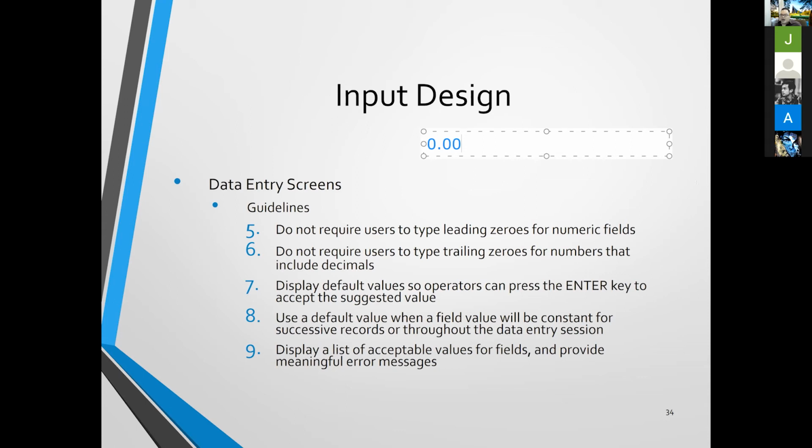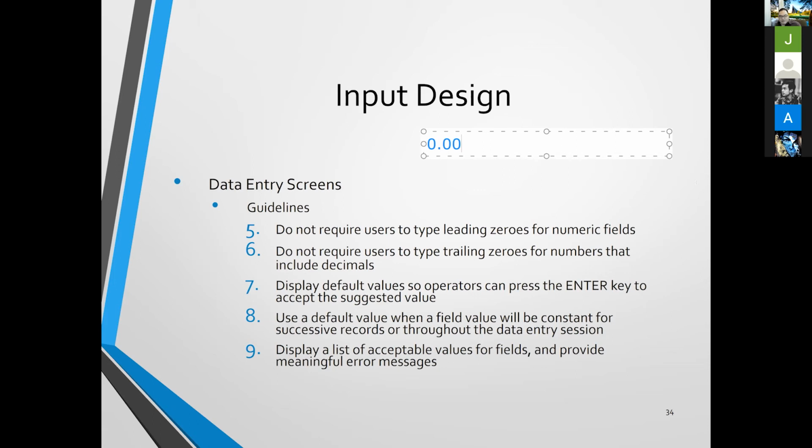Next, number 8: use a default value when a field value will be constant for successive records or throughout the data entry session, for example the current date or transaction date. Instead of letting them enter the date every time they enter data, you may just show the default date first.